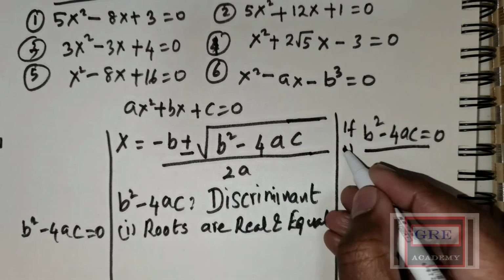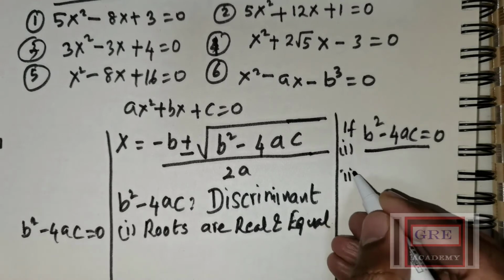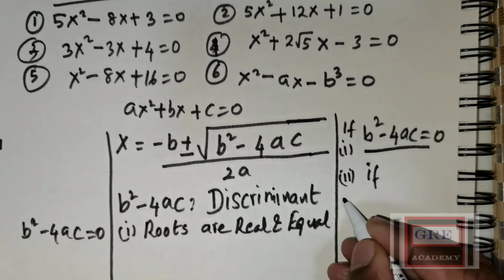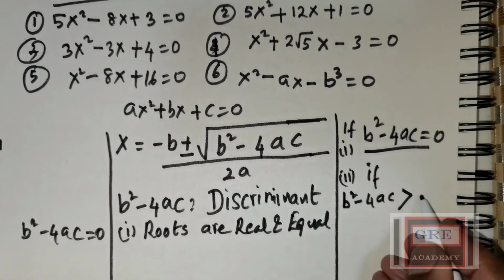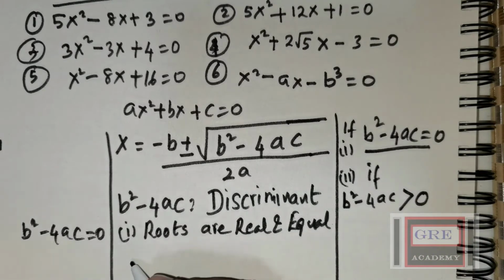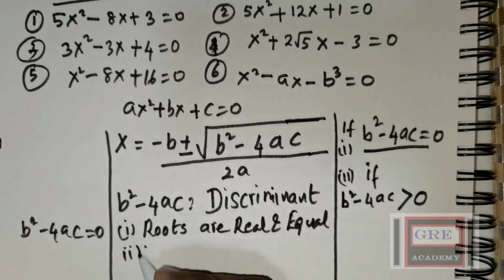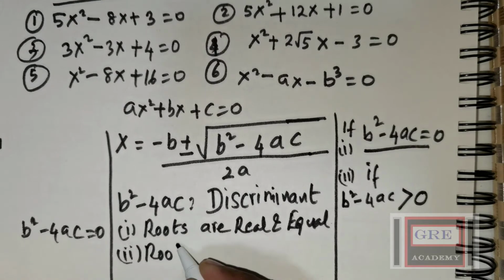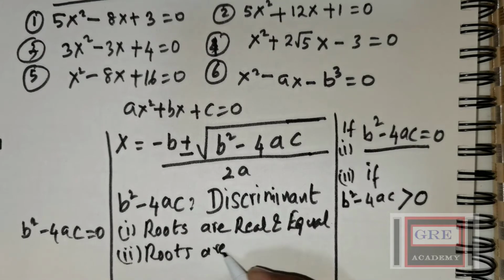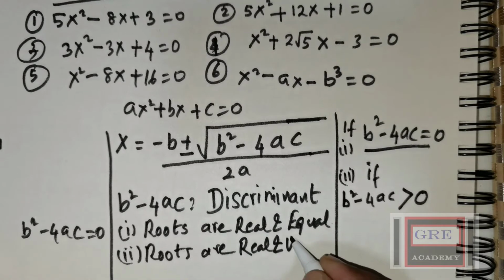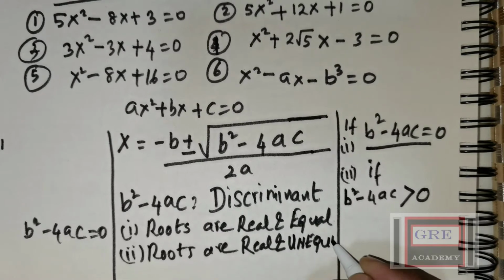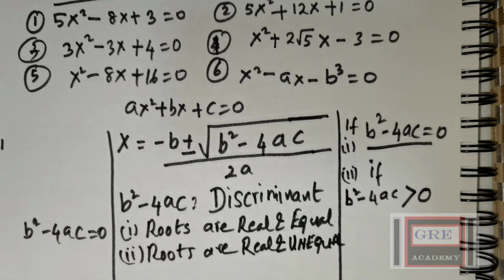Condition number 2, if b squared negative 4ac is greater than 0, then what happens? You get the roots to be real and unequal. Have it in mind. The roots are real and unequal.